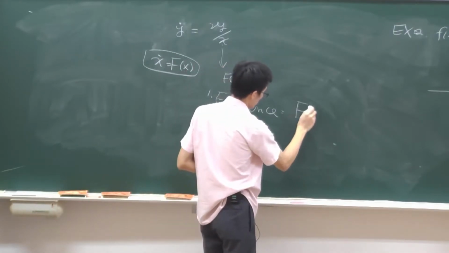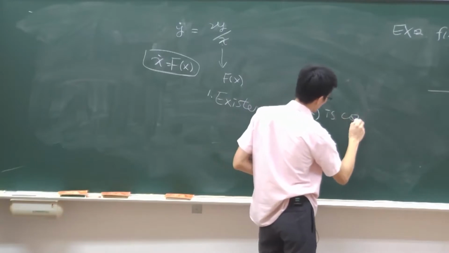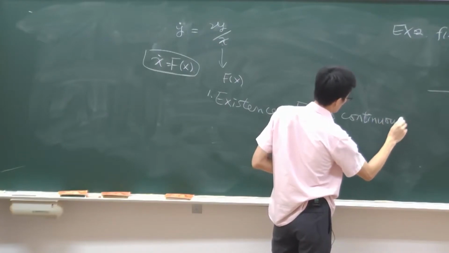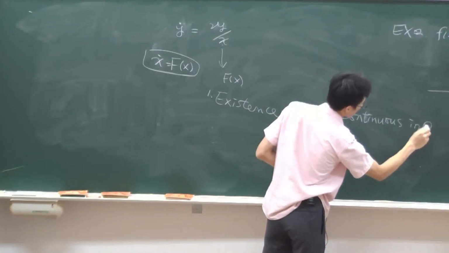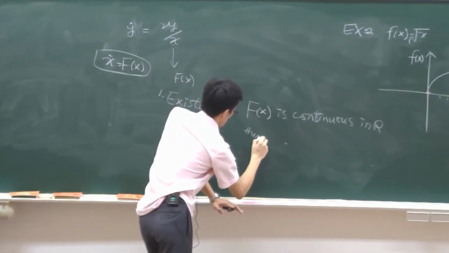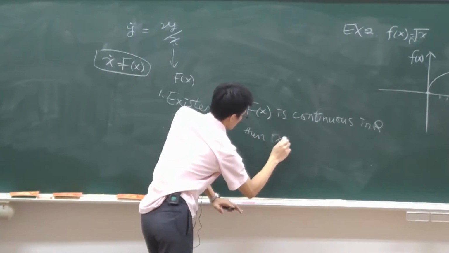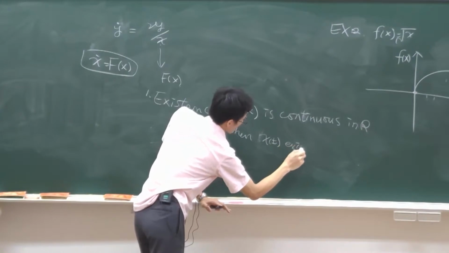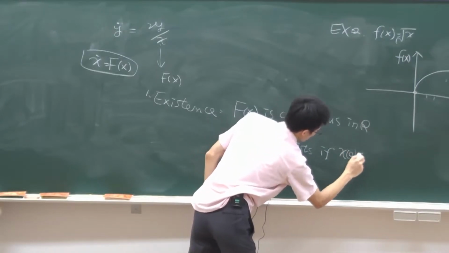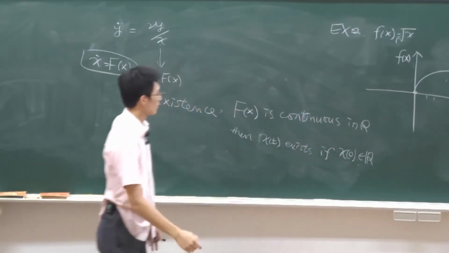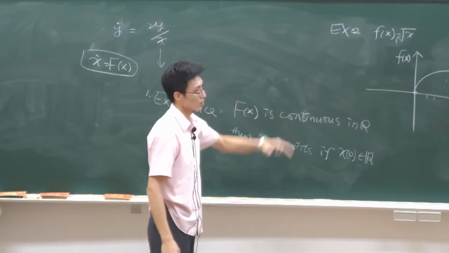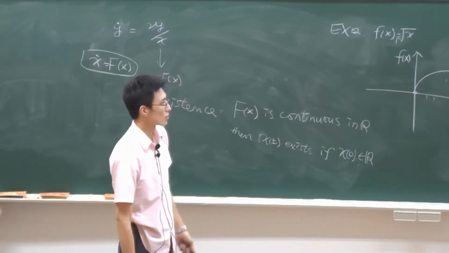If f is continuous in some region R, then a solution exists if your initial condition belongs to R. Your initial condition starts from the region where f(x) is continuous, then there exists a solution.